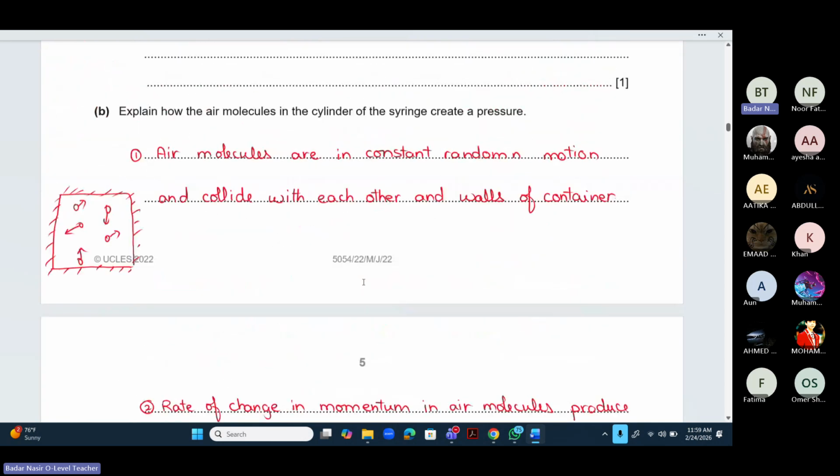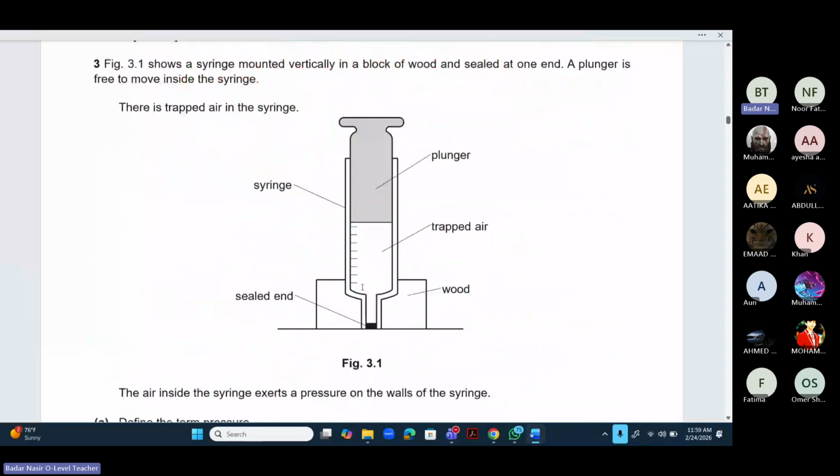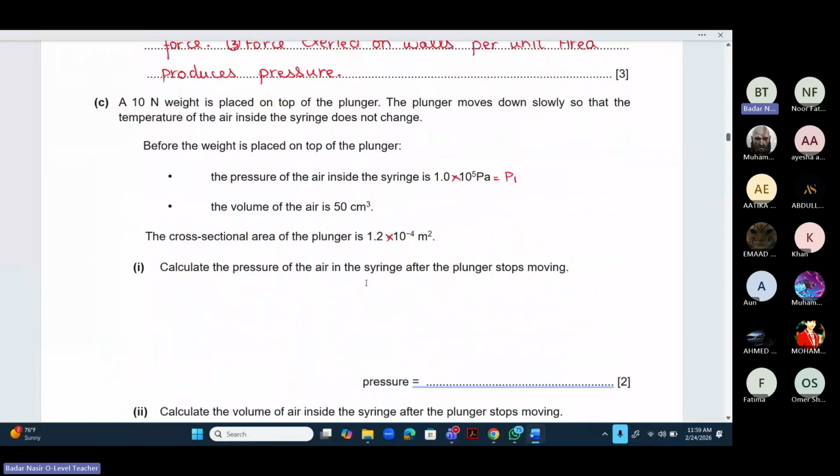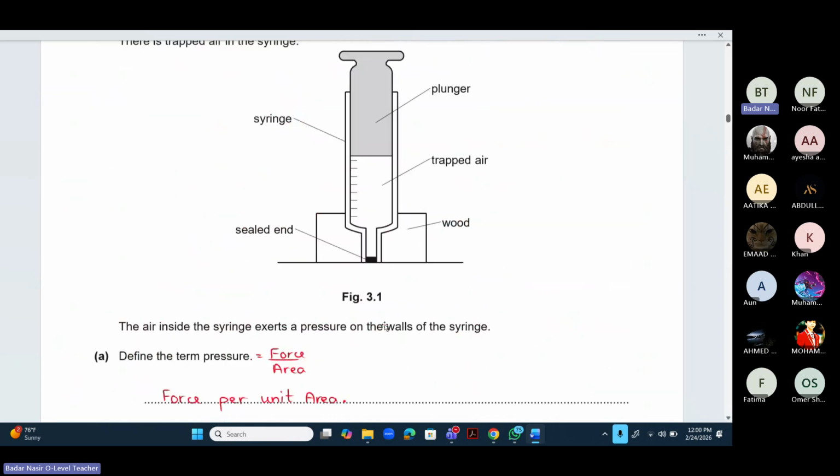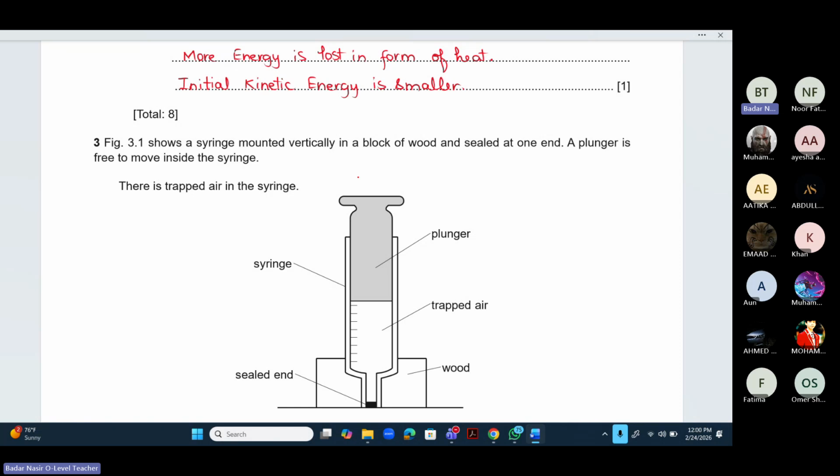ठीक है? Okay. So अब उसने आपको बेटा यहाँ पे a 10 Newton weight is placed on top of the plunger which moves down slowly. Okay, so basically he is saying कि ये जो plunger ये है इसके टॉप पे क्या किया है, एक ब्लॉक रख दिया है, and this block has a weight of 10 Newton. So इसका जो weight है, that is actually a force which is exerted by the block on the plunger. ठीक है?